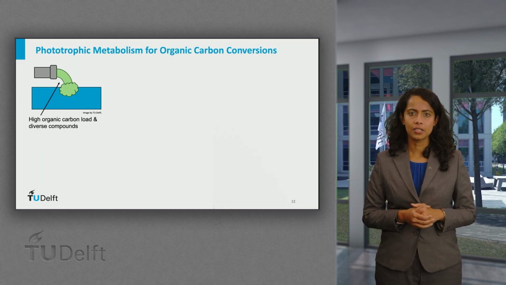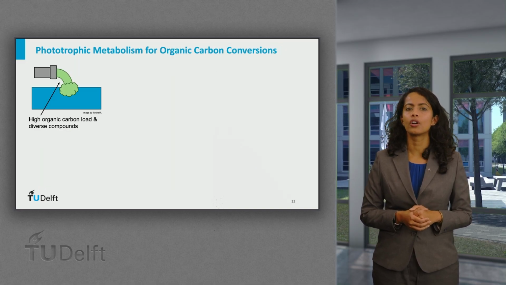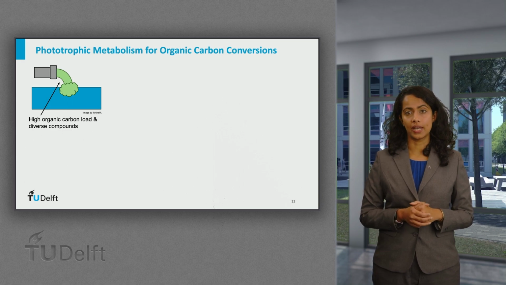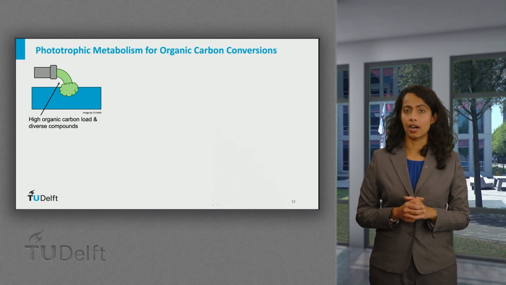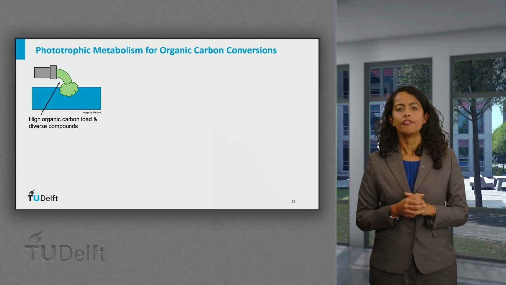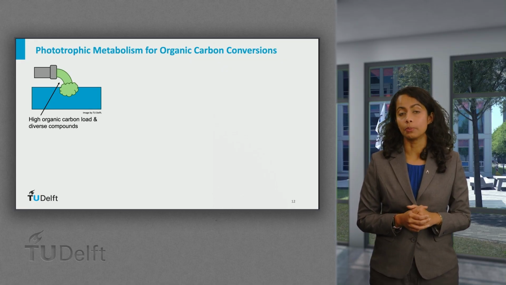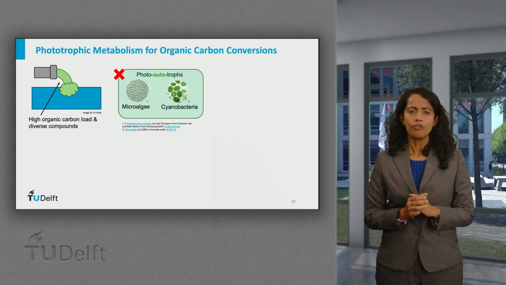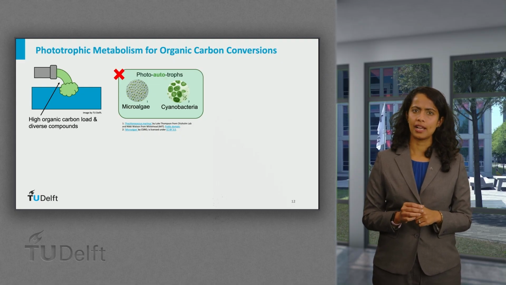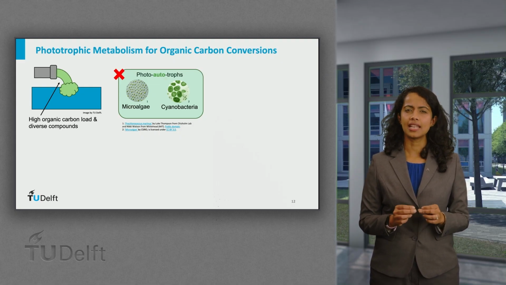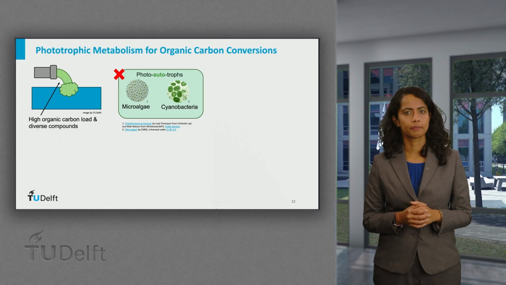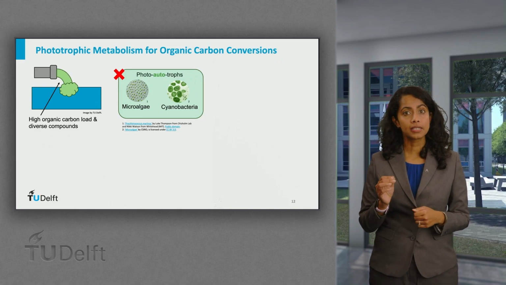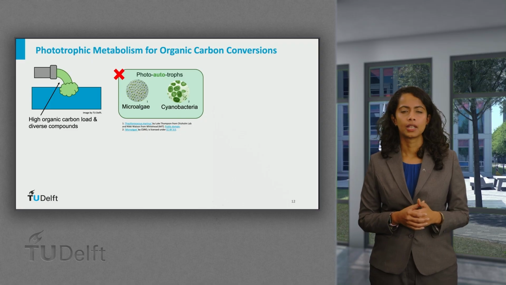In wastewater treatment, we often deal with high organic carbon loads, ambient CO2 present in the waste in the form of bicarbonate, and a wide variety of compounds that need to be valorized. From this perspective, photoautotrophs like microalgae and cyanobacteria are less suited to such environments, and photoheterotrophic metabolism has become particularly relevant.